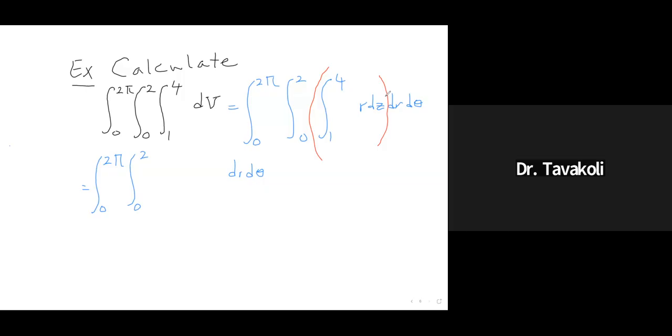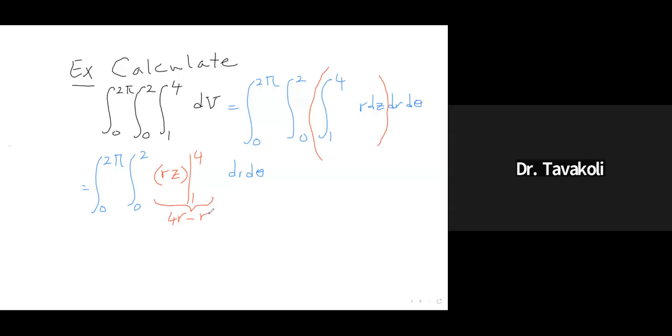So it's rz. And we should evaluate at the endpoints and do the subtraction. So r times 4 minus r times 1, which is 4r minus r.